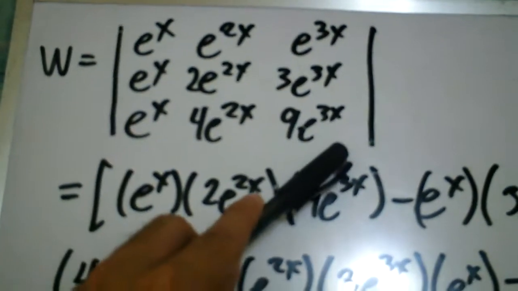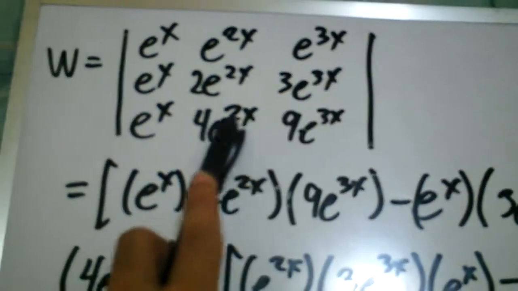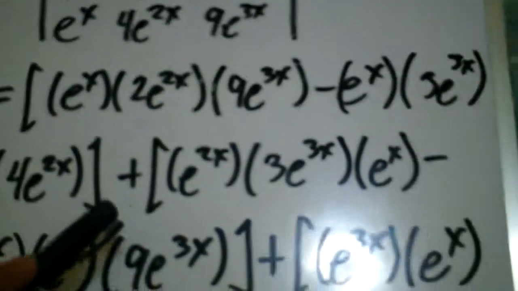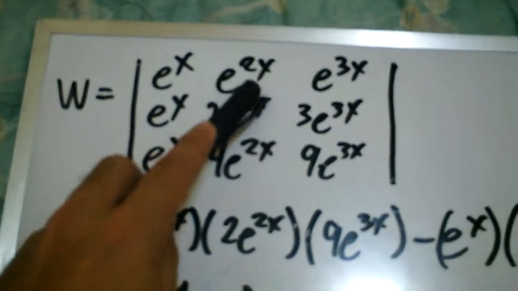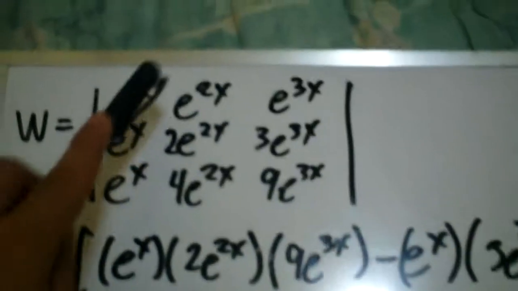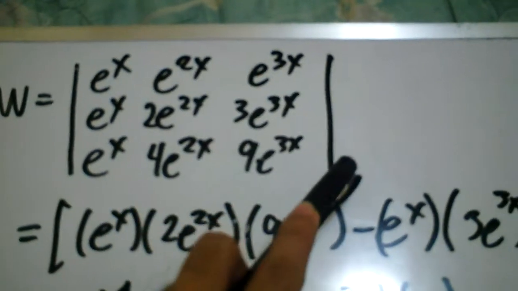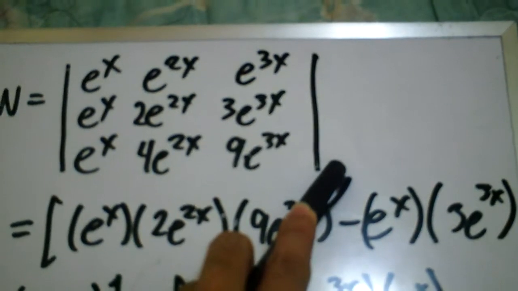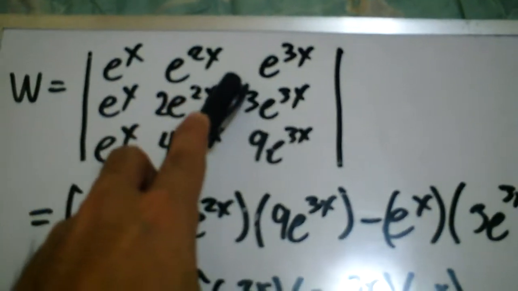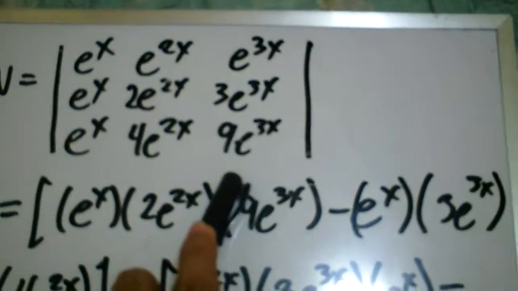So here, minus, if we extend the determinant here, e to the x, e to the x, and e to the x. Again, plus another quantity for this equation, e to the 2x, 3 e to the 3x, multiplied by e to the x, then minus again, in a different direction, e to the 2x, e to the x, minus 9 e to the 3x.